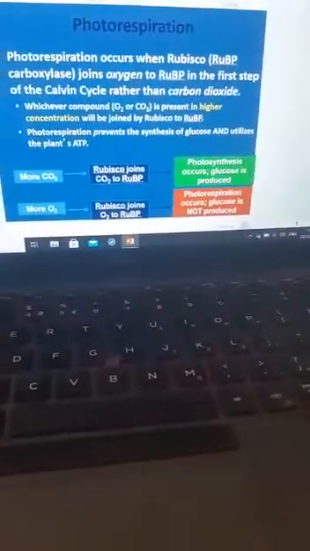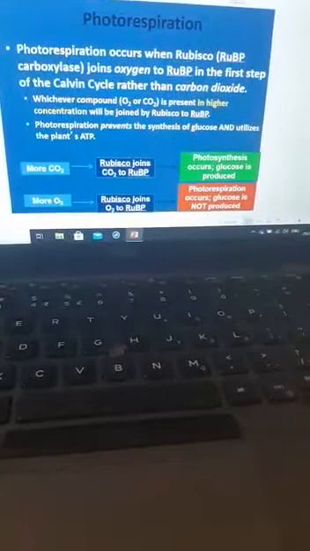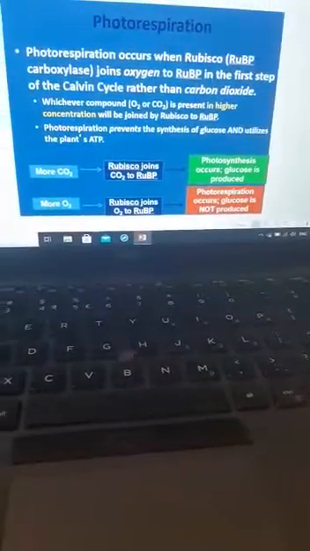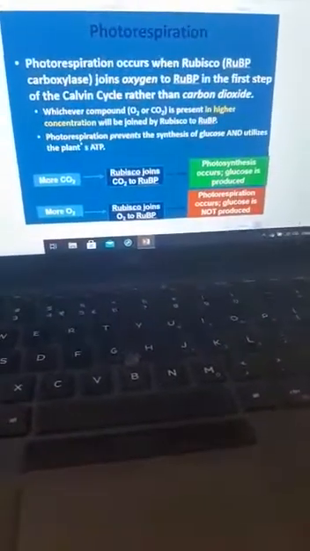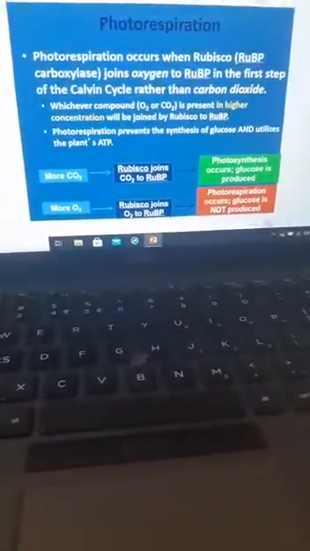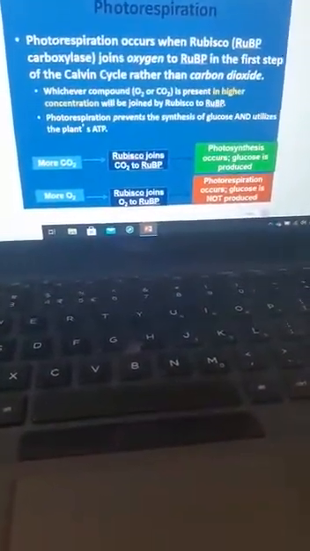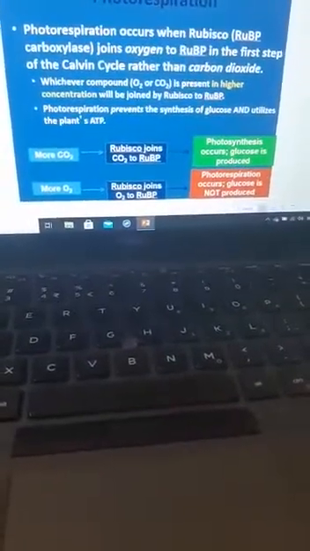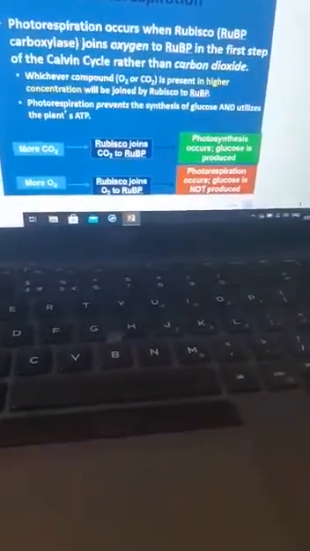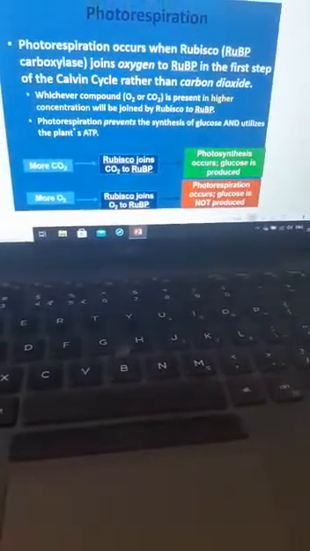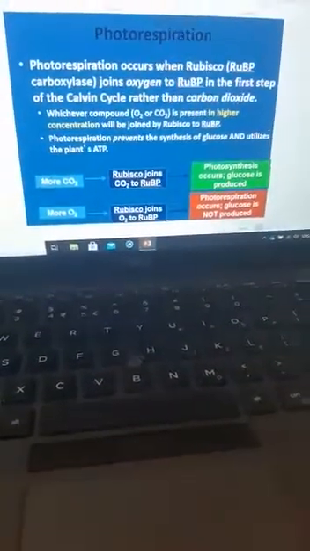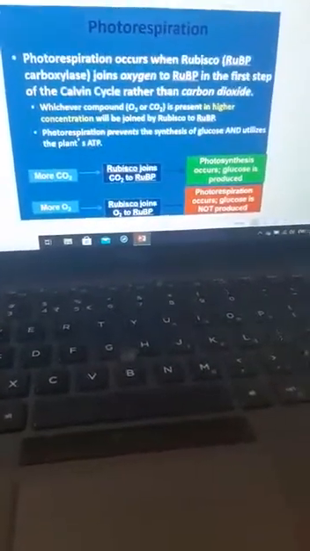The issue here is the enzyme RuBP carboxylase can sometimes allow oxygen to be the one that is combined with RuBP instead of carbon dioxide. So this enzyme cannot discriminate between carbon dioxide and oxygen.